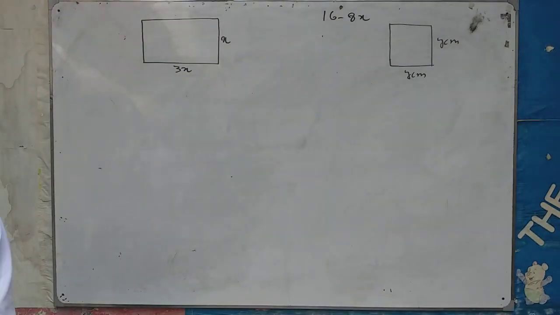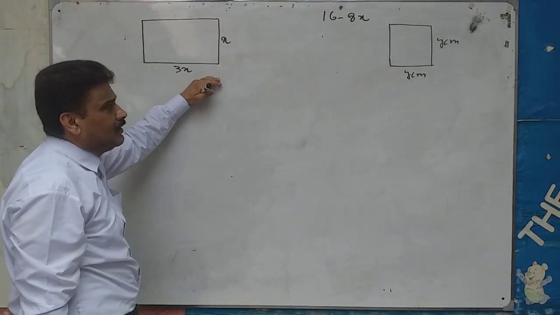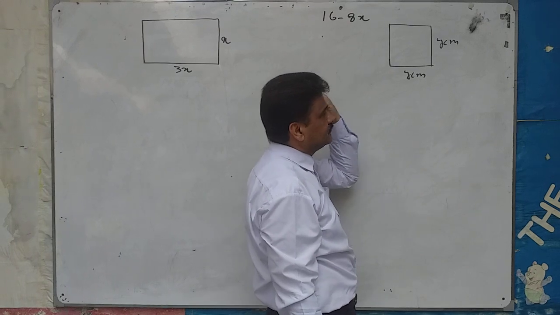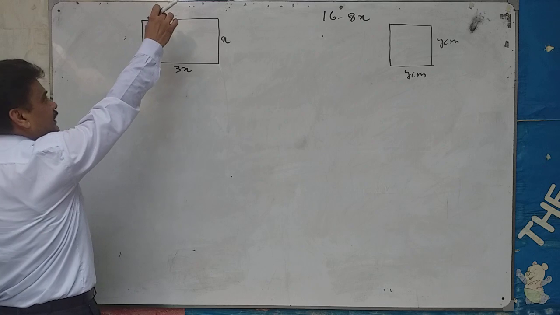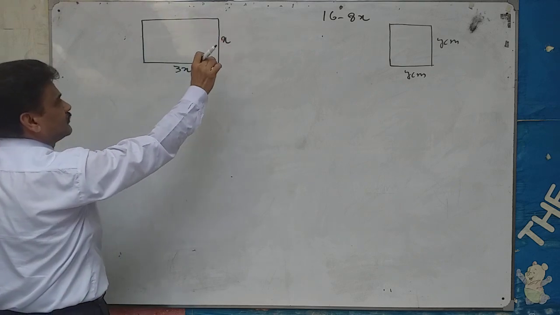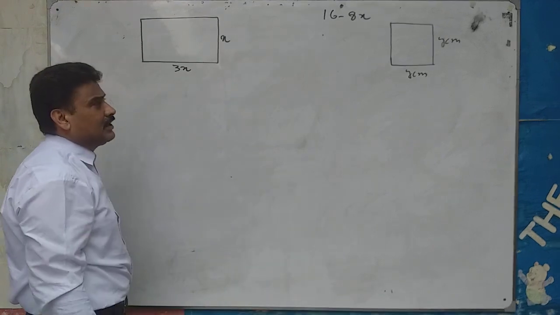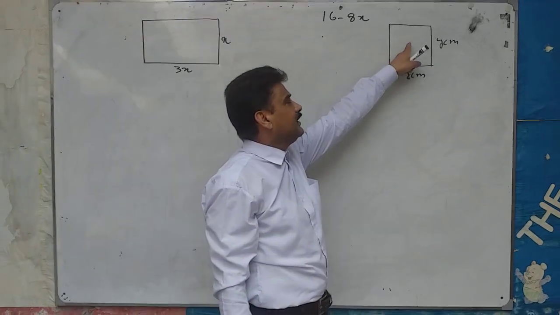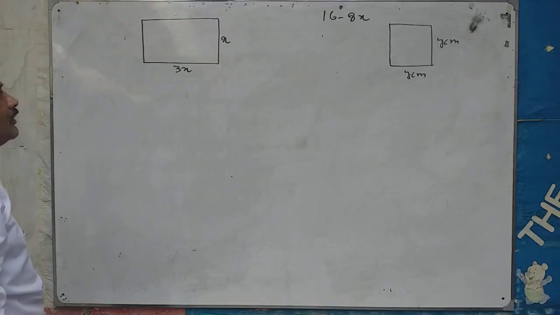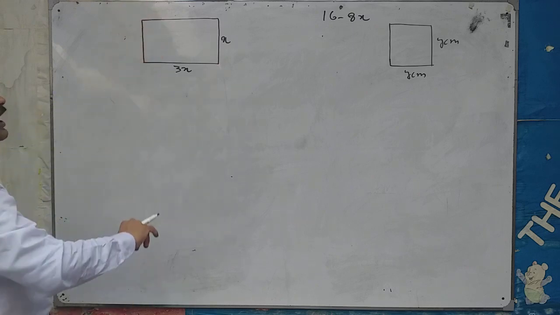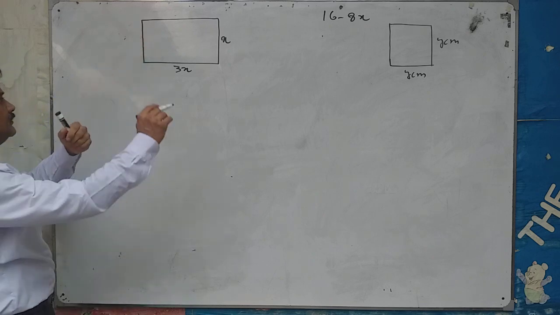We have to minimize the combined area of both these figures, area of rectangle and area of square. We know that the area of rectangle is length multiplied by width, but the area of square is side multiplied by side. We here write the formula of area of rectangle.